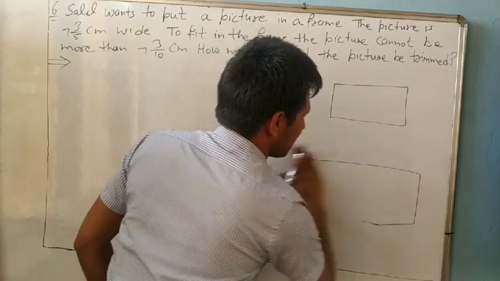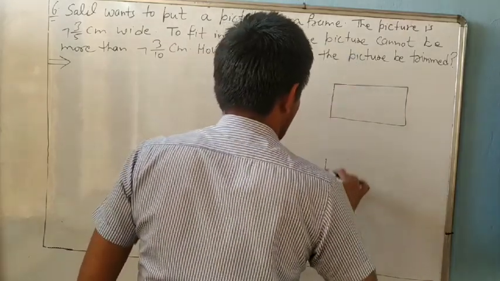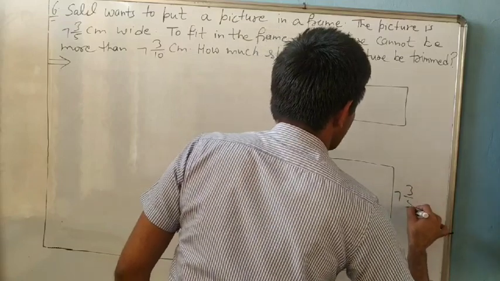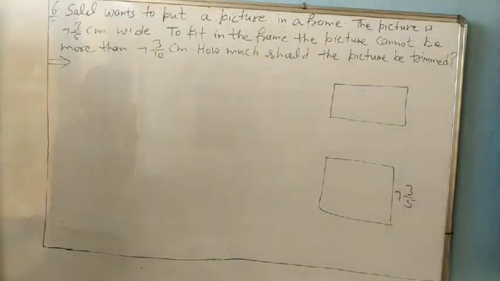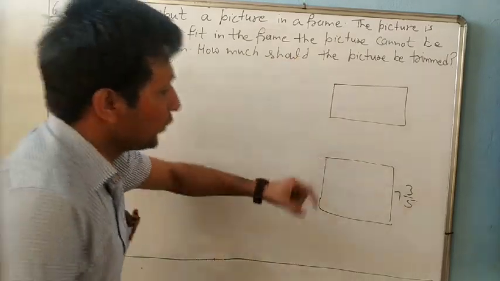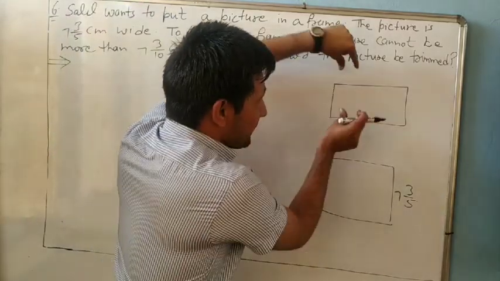Suppose it is your picture, and how wide is it? 7 and 3 upon 5 wide. We want to fit this picture in this frame.